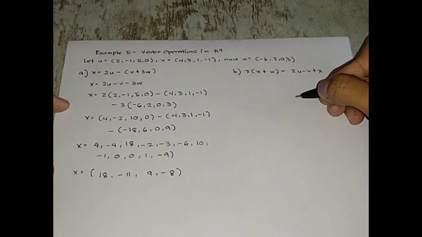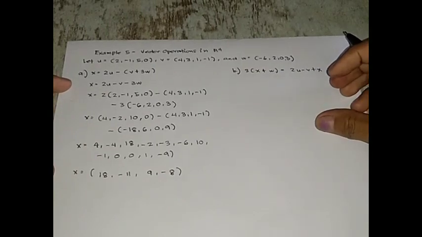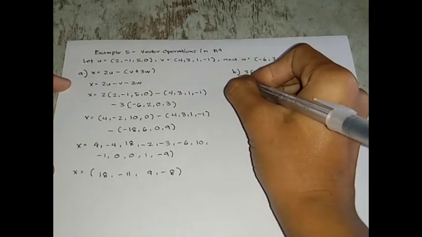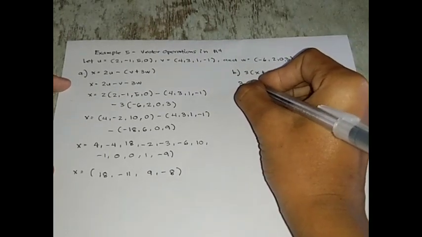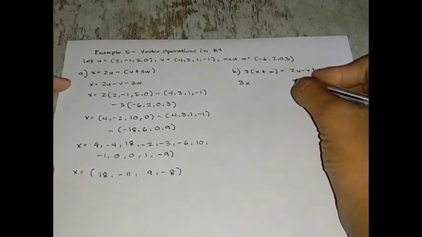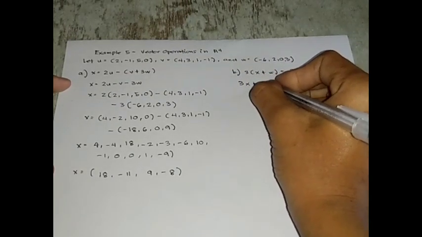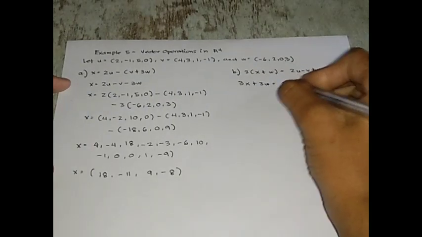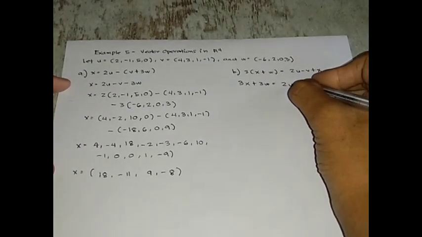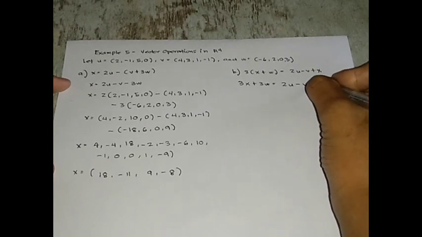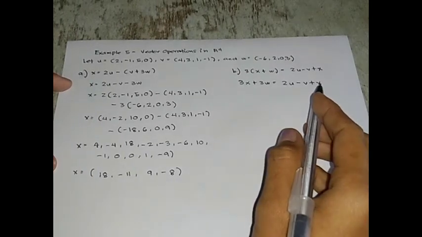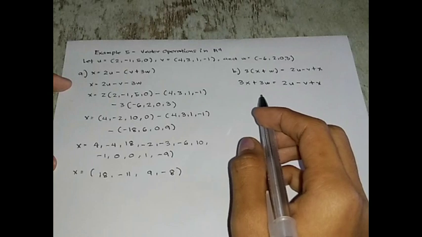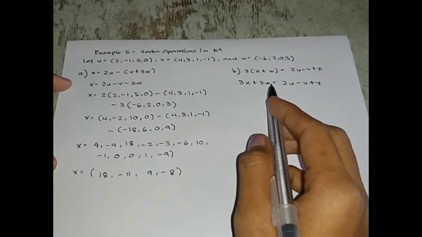Then for letter B, begin by solving for x as follows. So, 3 times x is 3x plus 3 times w is equal to 2u minus v plus x. Then we will transpose the x to the left side and the 3w to the right side.